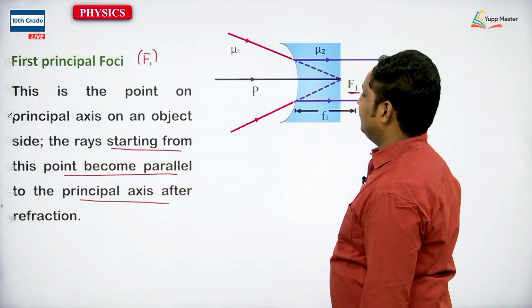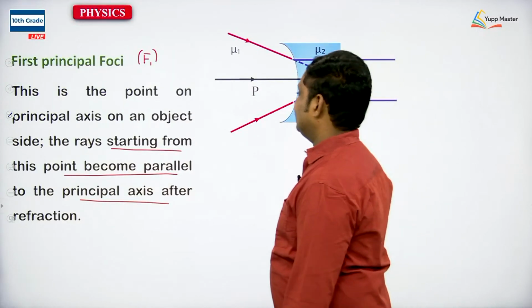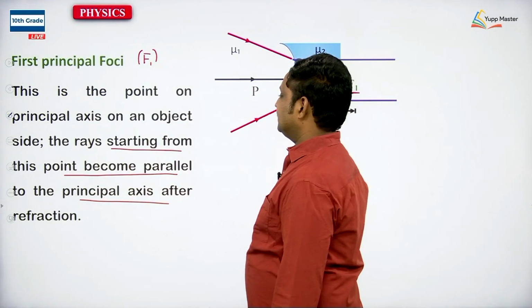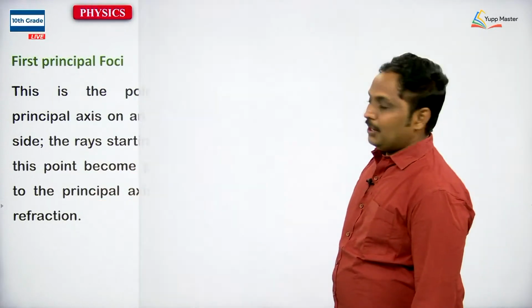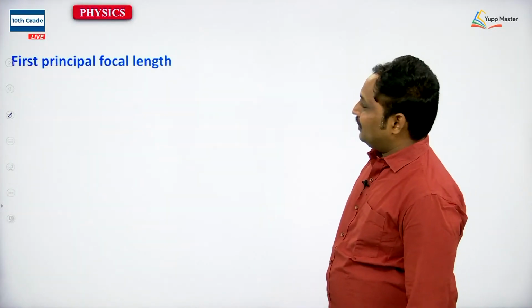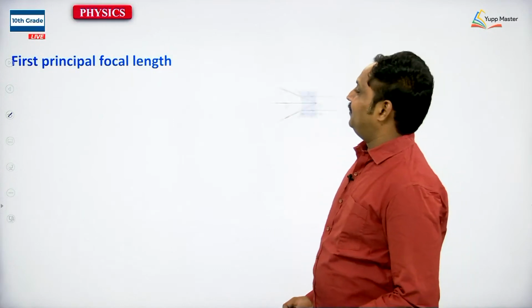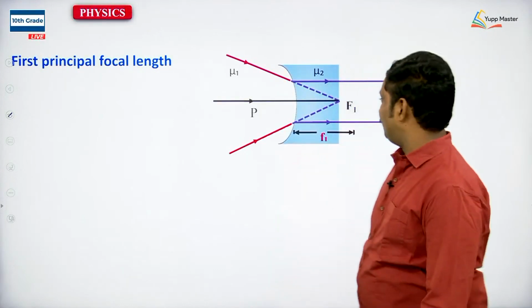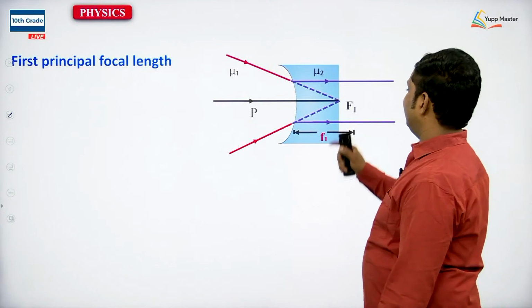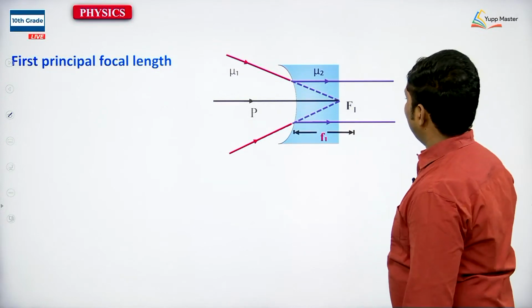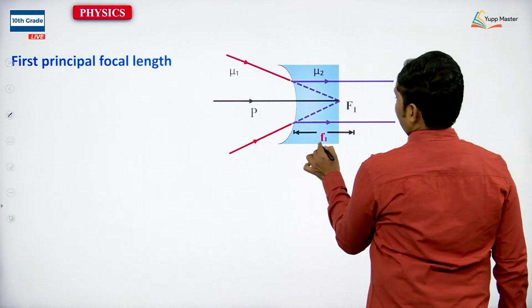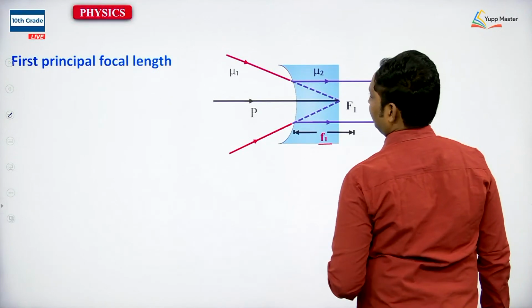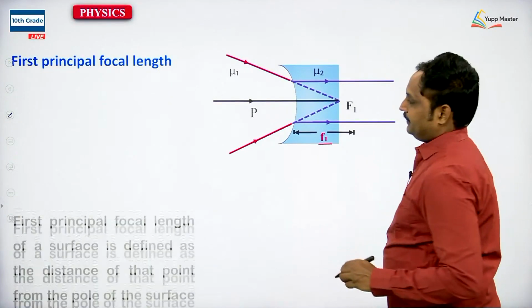This is F1. Now you can easily identify the first principal focal length, that is F1 in this case.